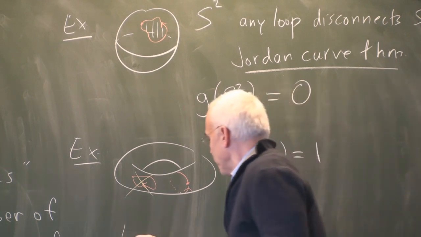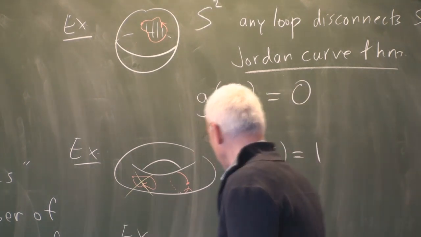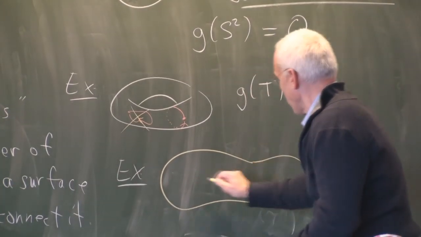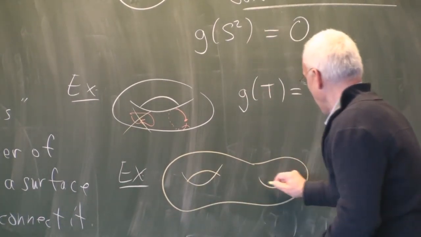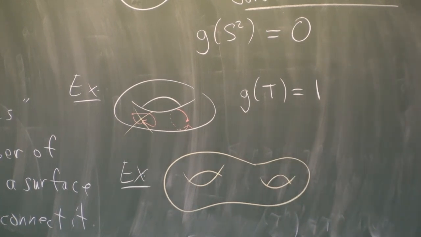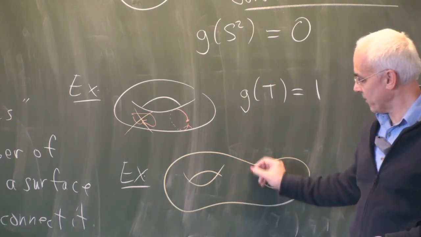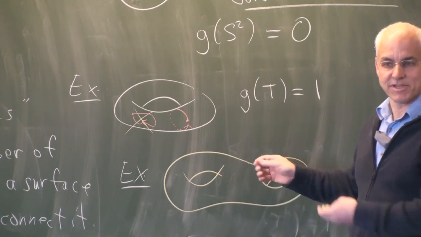And it's then a similar kind of story if you have a two-hole torus. Then you can cut the two loops out like this. You wouldn't want to do a loop like this, because that would separate it.